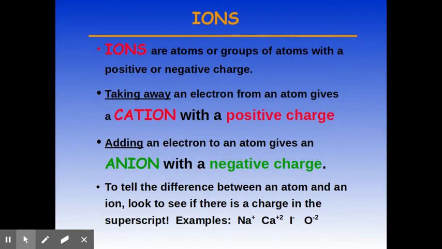So, cations have lost their electrons. They're positive. Calcium here also has a +2 charge written next to it. If you look at calcium on your periodic table, it has an atomic number of 20. It would have 20 electrons, except with that +2, we know it has lost 2, so it only has 18. That iodine, if you look at your periodic table, has 53 protons.